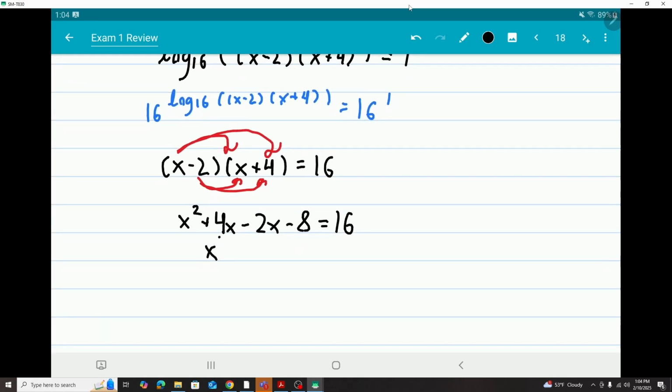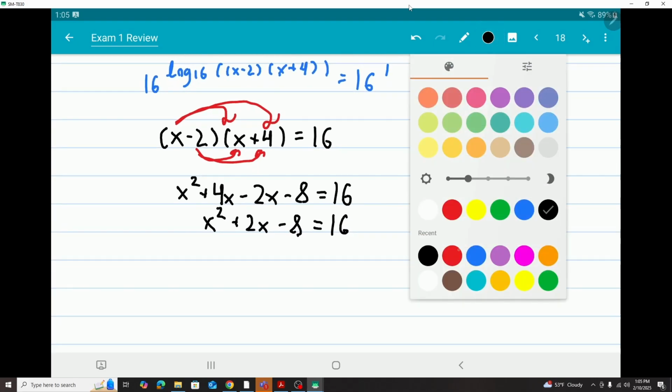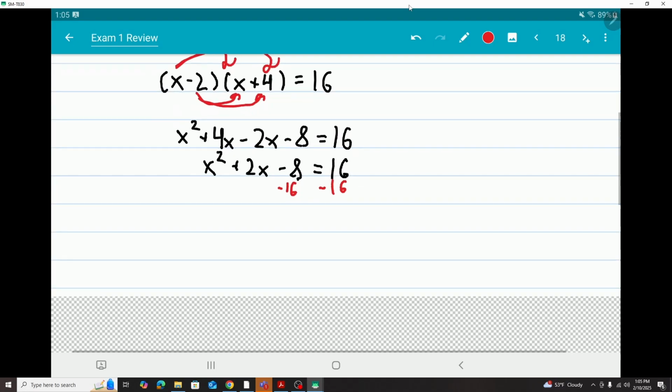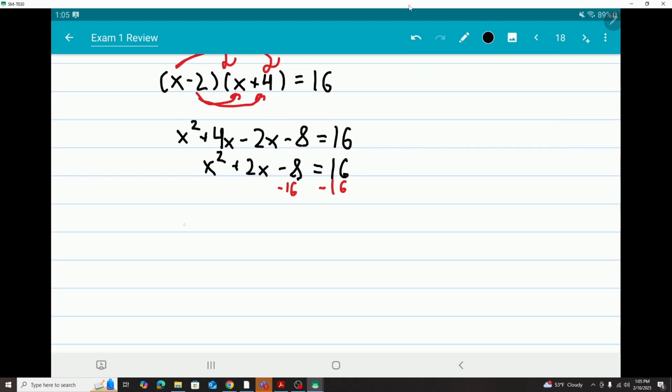Let's combine the like terms that are there. x squared plus now just 2x minus 8 is equal to 16. Let's subtract 16 from both sides. x squared plus 2x minus 24 is equal to 0. That's our equation now.